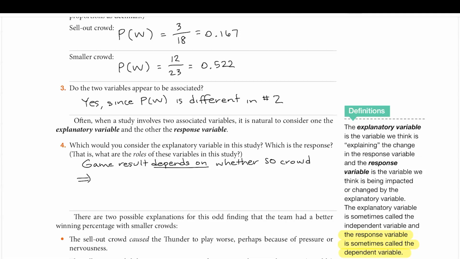So that would mean that the crowd, I'm going to just shorten this to crowd size, but I'm putting size in quotes because normally if somebody said the variable was crowd size, we'd think that was quantitative, but it's just whether it was a sellout or not, but that takes longer to write. That would be the explanatory, so the crowd size might explain whether or not they won, and the game result, whether they won or not, would be the dependent or response.